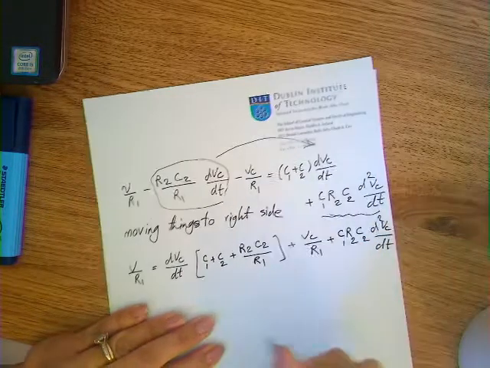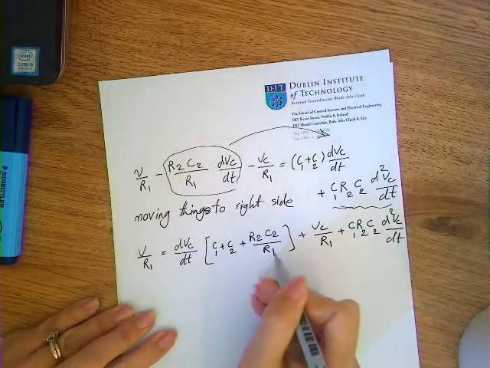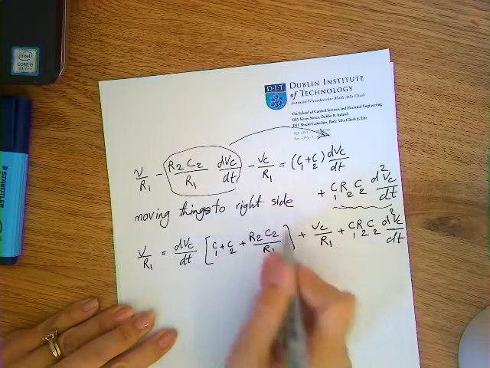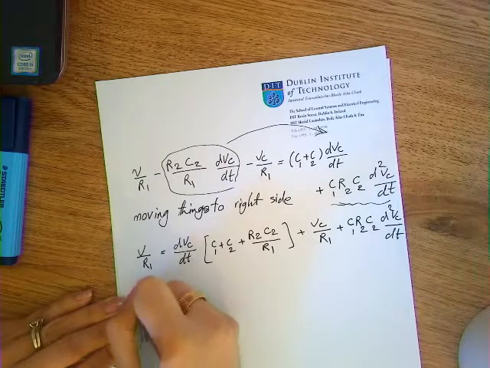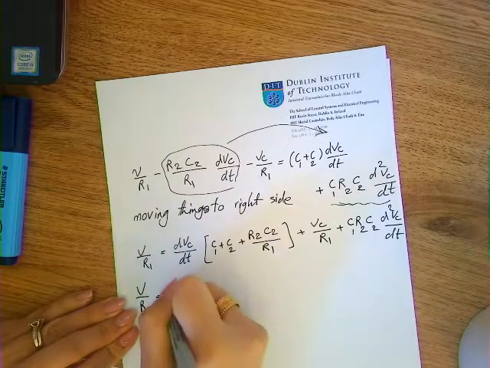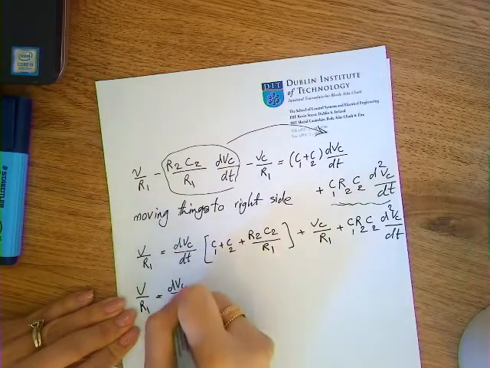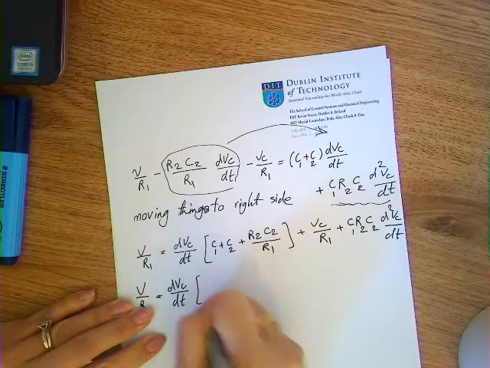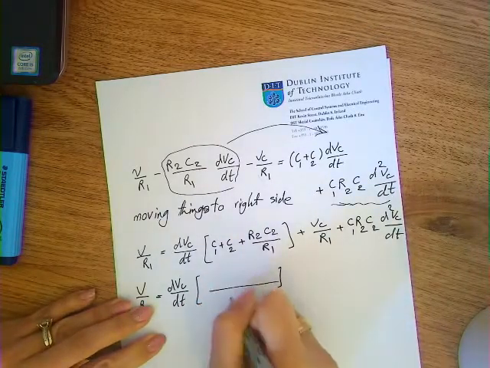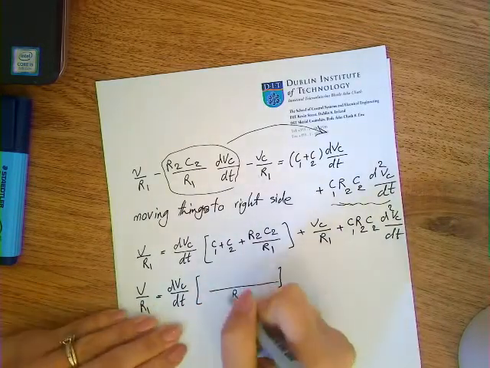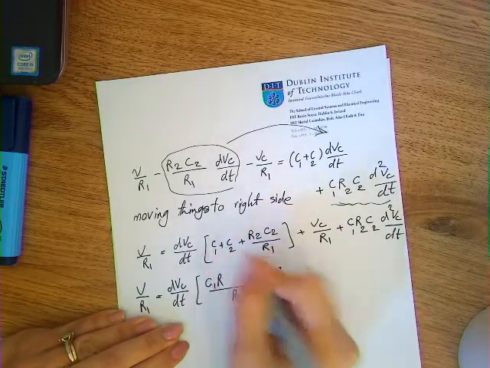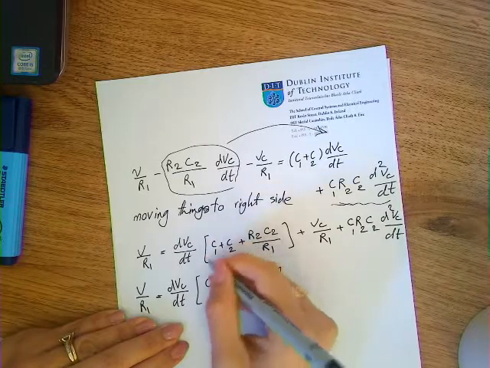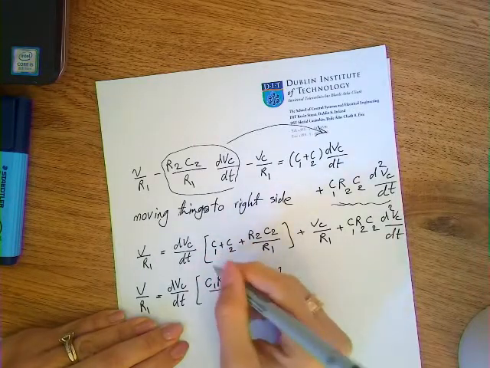Now I want to make this look a little bit better, so I will have dVc over dt, I will have 1 over R1, and then I should multiply them, so you can write this as R1 over R1.